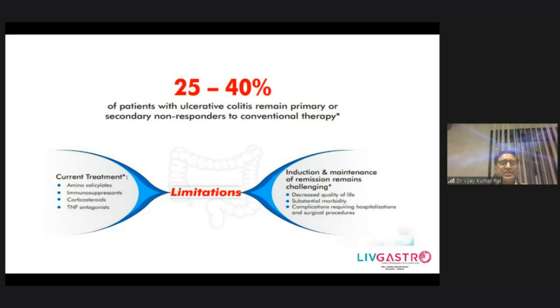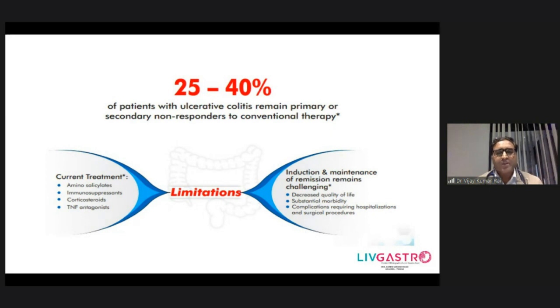Even after giving the best therapy, they keep on relapsing. Some are steroid dependent. Even when they are on azathioprine, even on these biologicals, there is quite a significant proportion of patients who are not responding. And we are facing this day to day. Every gastroenterologist is facing the problem that our treatment is very much limited. We are not happy with the kind of molecules we currently have.